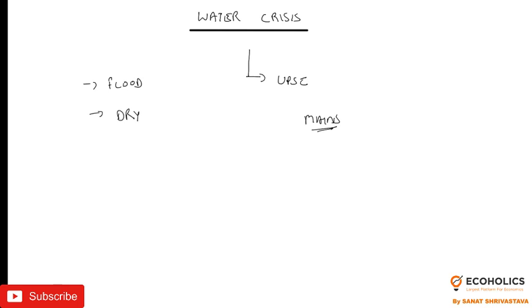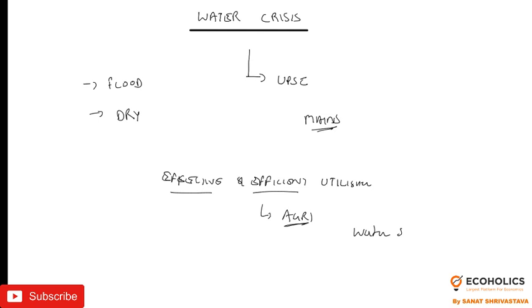In this lecture we will discuss the effective and efficient utilization of water, especially for the agriculture sector. And this effective and efficient utilization will give a certain kind of insurance against water scarcity.